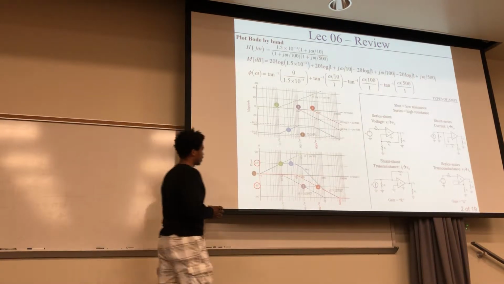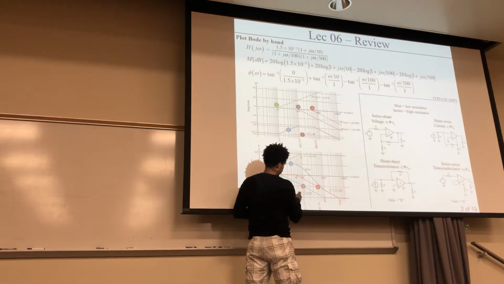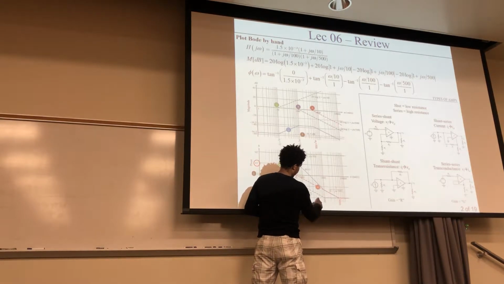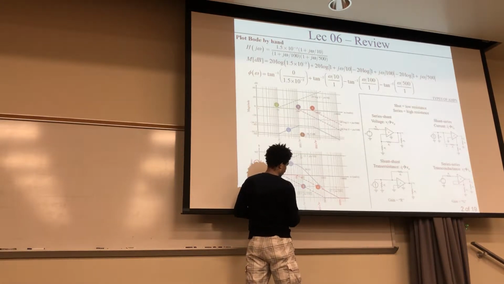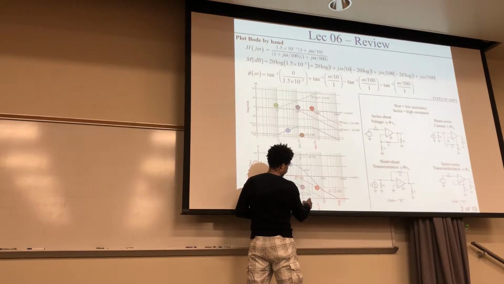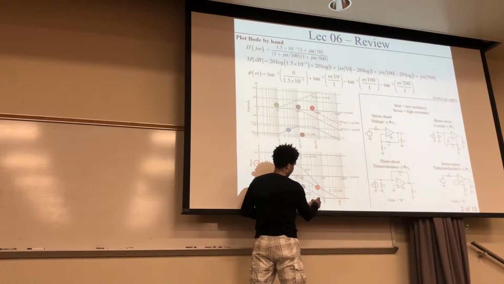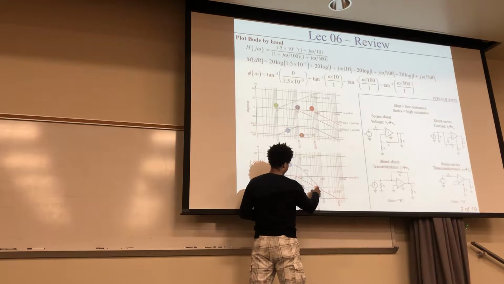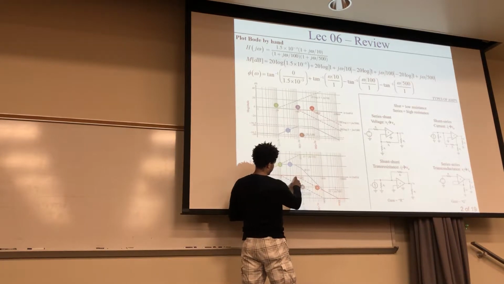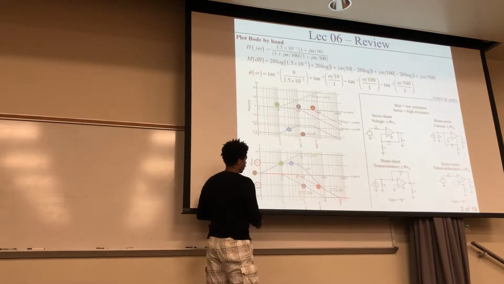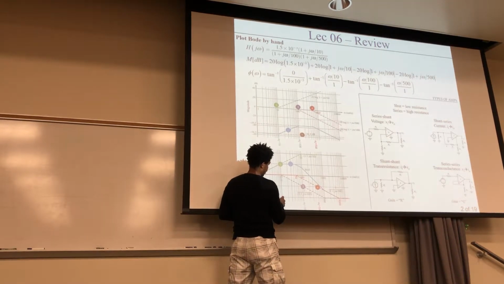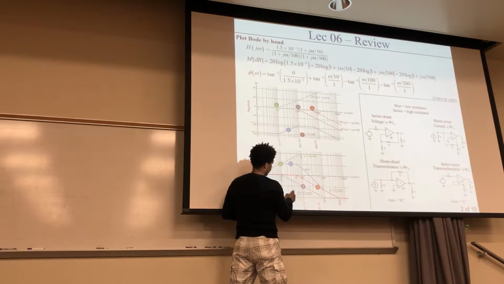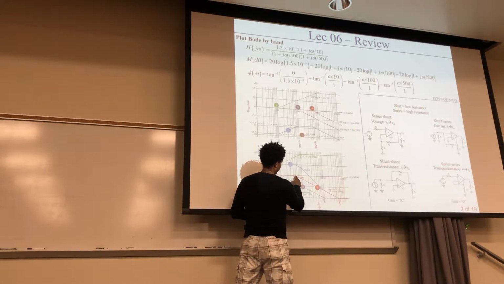All you have to do is be careful where your decades are, because for example, this one is at 500, right? So that's 100, 200, 300, 400, 500 right here. And when it goes up, it has to be right here, that's going to be 50, because that's 10, 20, 30, 40, 50.